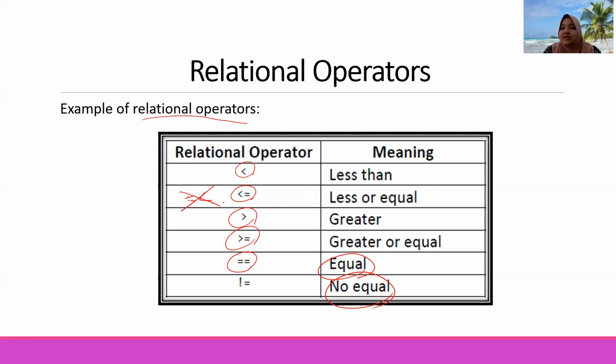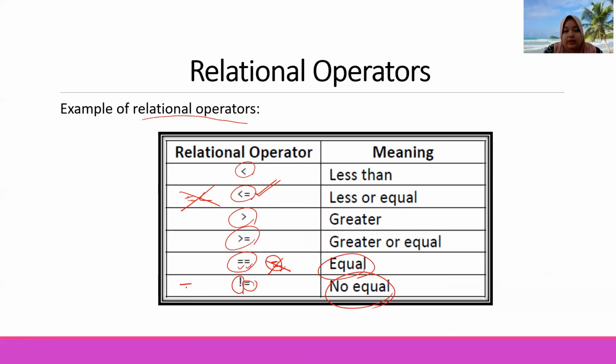This is wrong. This is the symbol operator for the less or equal. Sila ingat equal bukan yang ini. Bila yang ini kita gelar dia sebagai assignment statement. So no. Bila kita nak equal relational operator mesti ada double equal. Remember. Not equal mesti gunakan tanda seru di hadapan diikuti dengan equal.